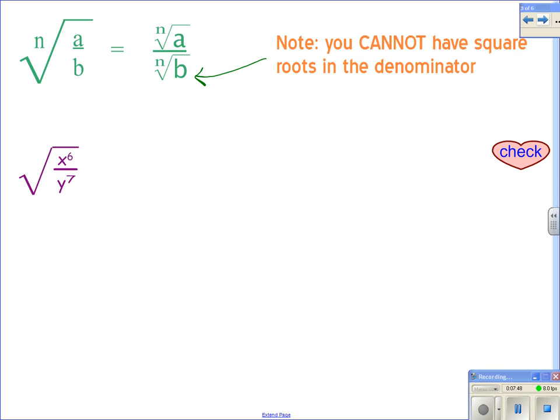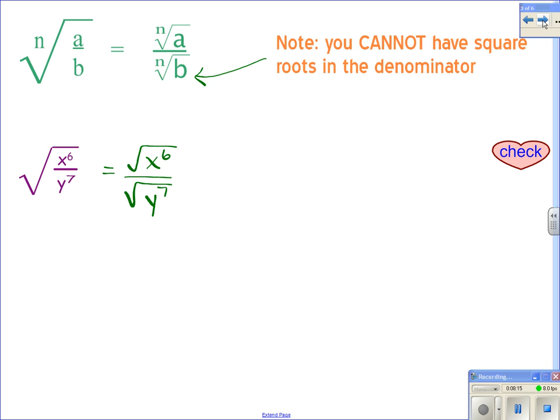So here's our example. I'm going to go step by step so that we fully understand this. And then we'll try a more difficult one on the next page. All right, so based on what's written up above at the very top, we can split this up into separate roots.